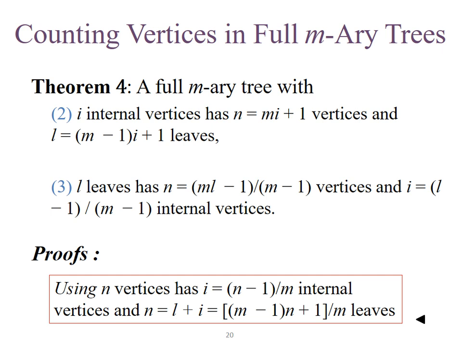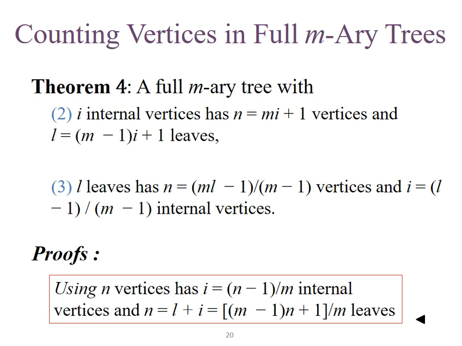So it's an m-ary tree with i internal vertices. We know the total number n is mi plus 1. Now the given variables are m and i, so we just represent n by these two given variables. I think this is okay.